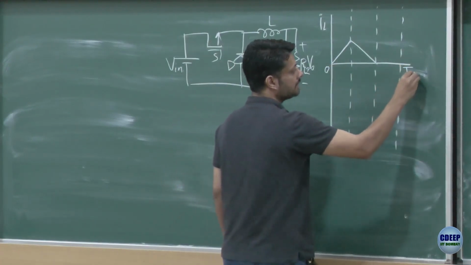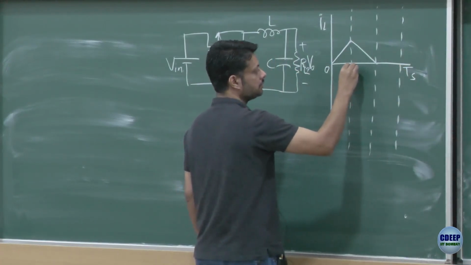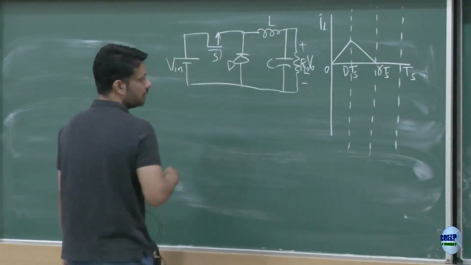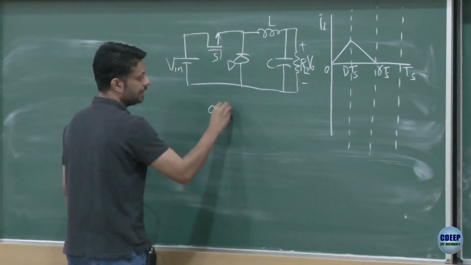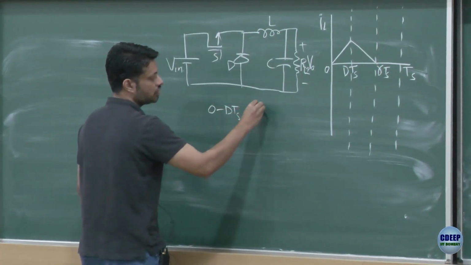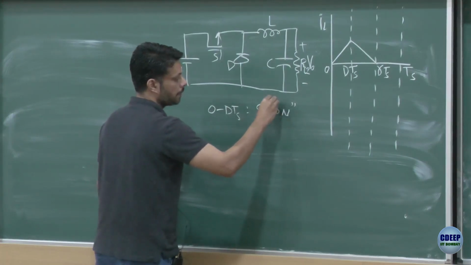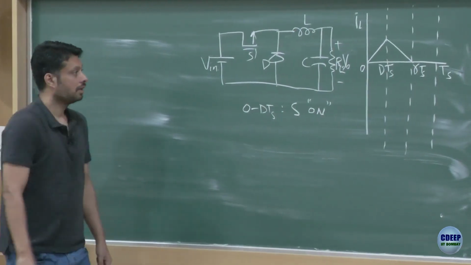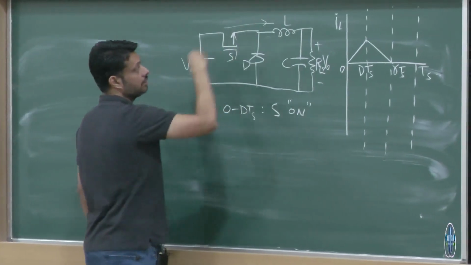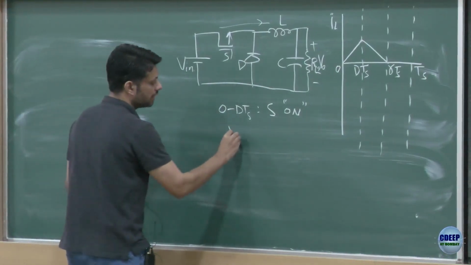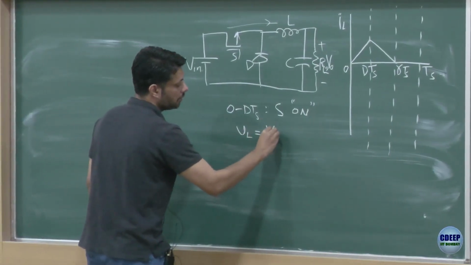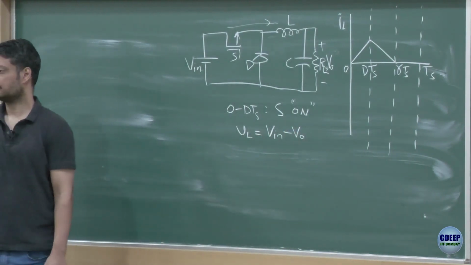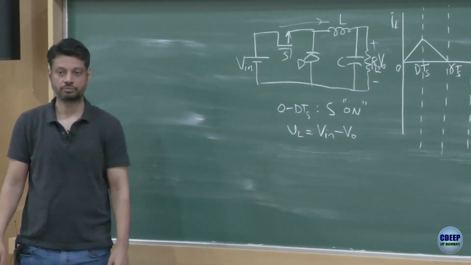Zero, Ts, dTs and gamma Ts. For the time period from 0 to dTs, your switch S is on, right? Current is flowing in this direction. The voltage across the inductor is given by Vin minus VO. Is that okay? Same as whatever was happening before.